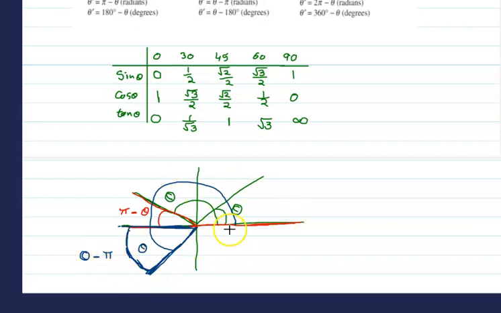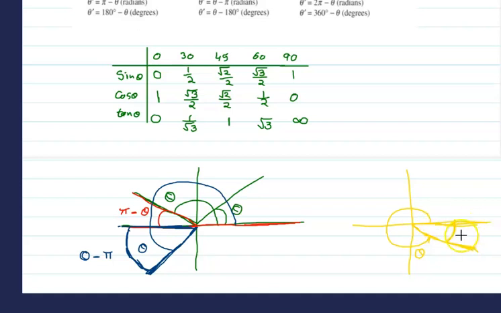What if the angle is in the fourth quadrant, then what would be its reference angle? This is the angle theta we have in the fourth quadrant. Its reference angle is going to be this one, the angle between the terminal side and the horizontal x-axis.